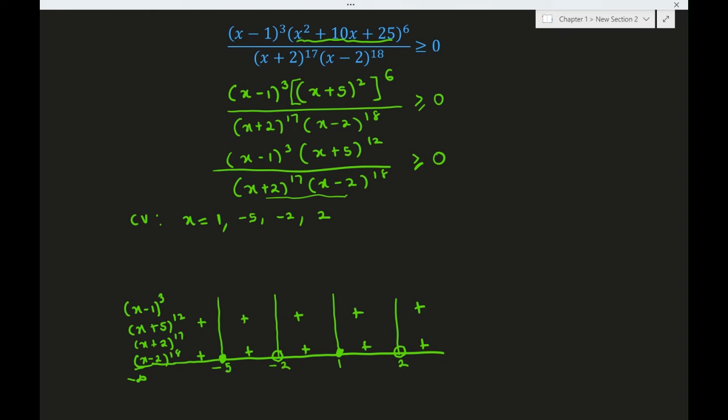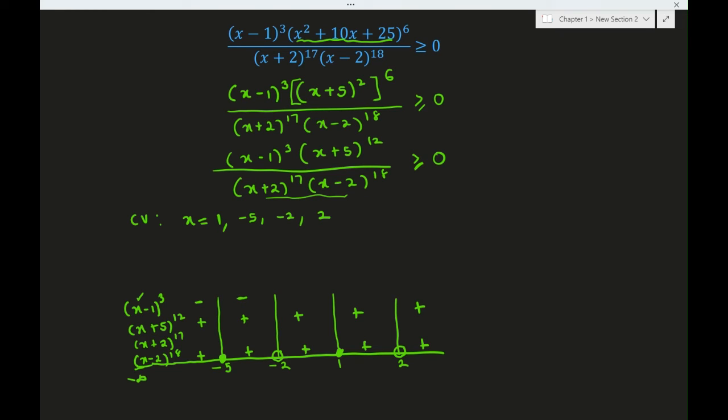Between minus infinity and minus 5, we can take minus 6. If you put minus 6 here, you have minus 6 minus 1, which is negative; minus 7 to the power 3 will be negative. Take a number between minus 5 and minus 2, we can take minus 3. Minus 3 minus 1 is minus 4 to the power 3, also negative.